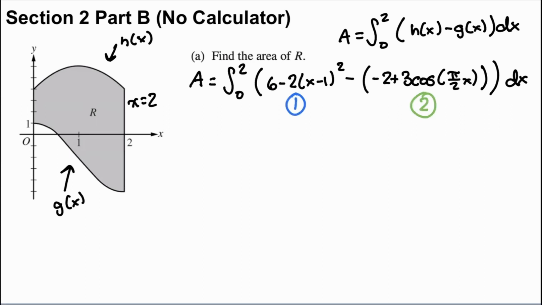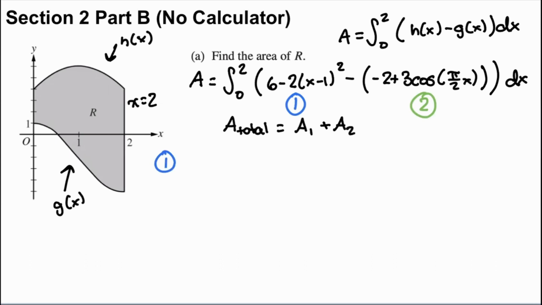So just focusing on area 1. Oh, I should establish the relationship that the total area is going to be equal to area 1 plus area 2, just so I don't have to write that out later. So now, let's focus on area 1. That one seems a little more basic because it's just algebraic concepts. It's just one variable, there's no trig, so let's do the easier one first.